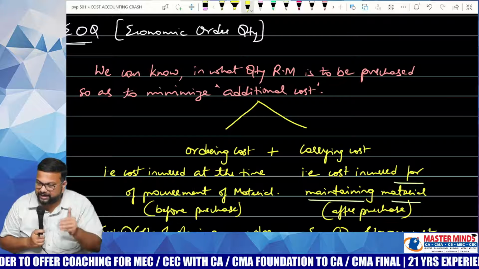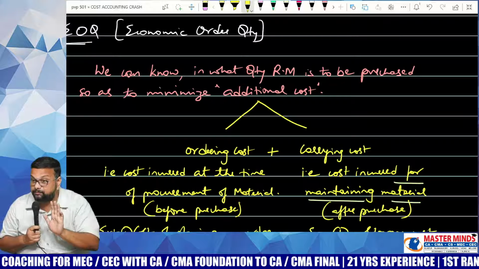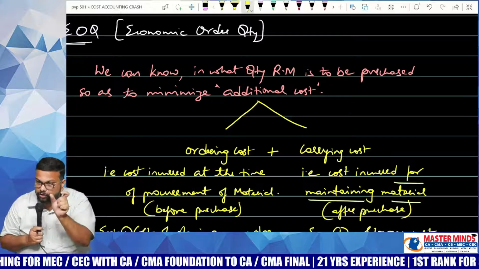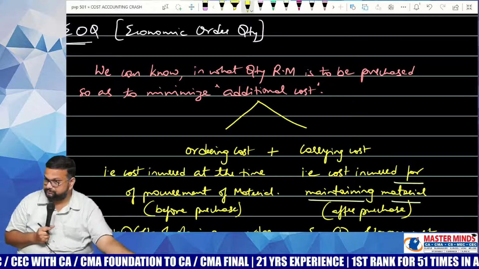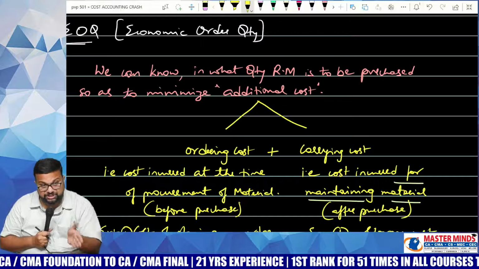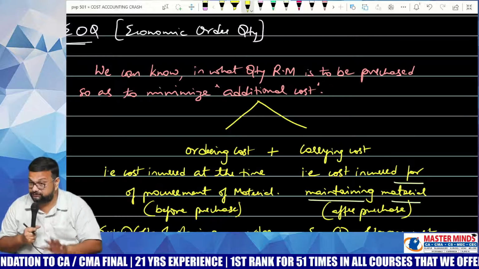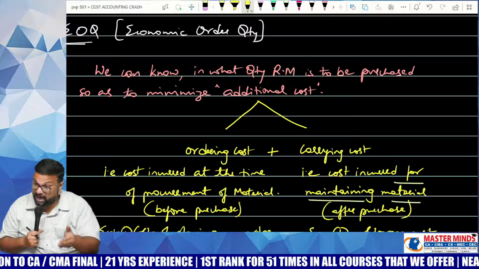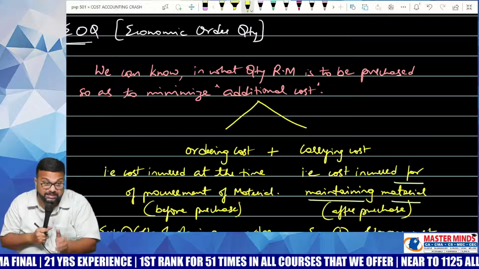So where the additional cost is minimum, the company would like to order only in that quantity. In fact, we use this technique in day-to-day life without knowing. We are using this technique, but we don't know that it is called EOQ.